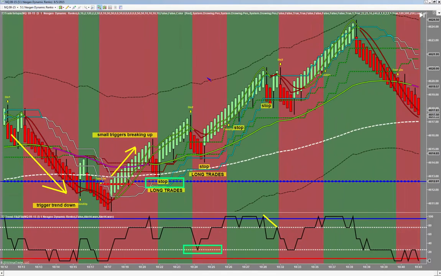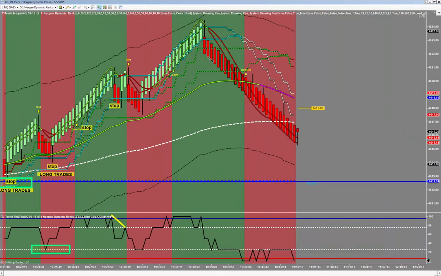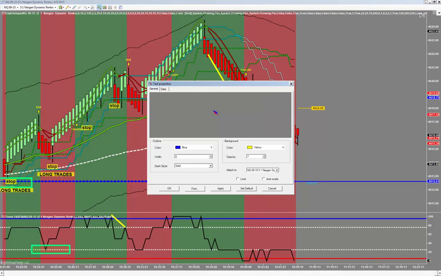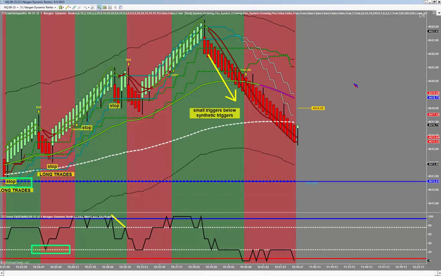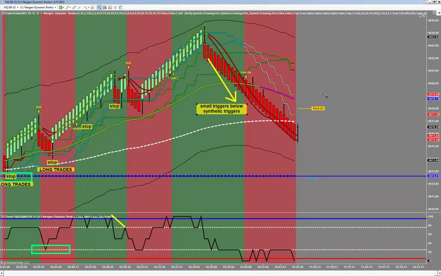Now, live, our small triggers are going down below our synthetic triggers. Right? You see that? Which means what? We're going to be looking for short trades from resistance.